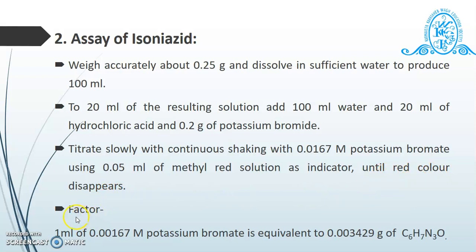For this assay, the factor is 1 ml of 0.0167 molar potassium bromate is equivalent to 0.003429 gram of C6H7N3O, that is isoniazide. By using this factor, we calculate the percentage purity of isoniazide. So now let us see the actual practical.